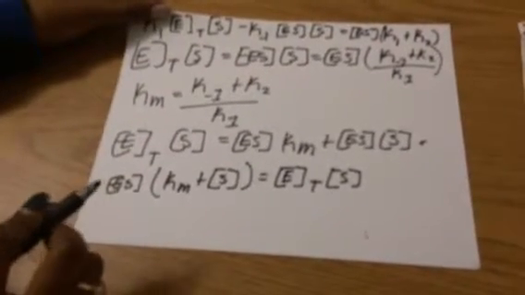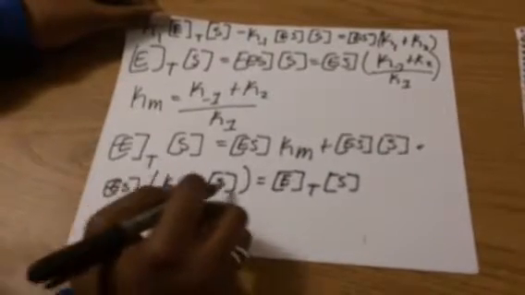Now I'm going to divide both sides of the equation by Km plus S. So Km plus S moves to the right side of the equation.